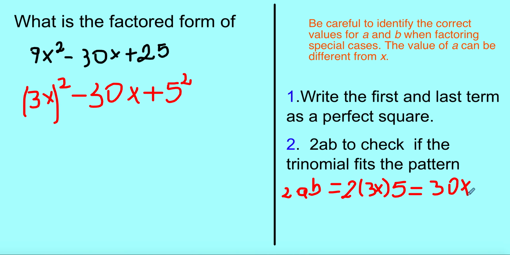Now let's bring everything down here in the third step: 3x squared minus 2 times 3x times 5 plus 5 squared.